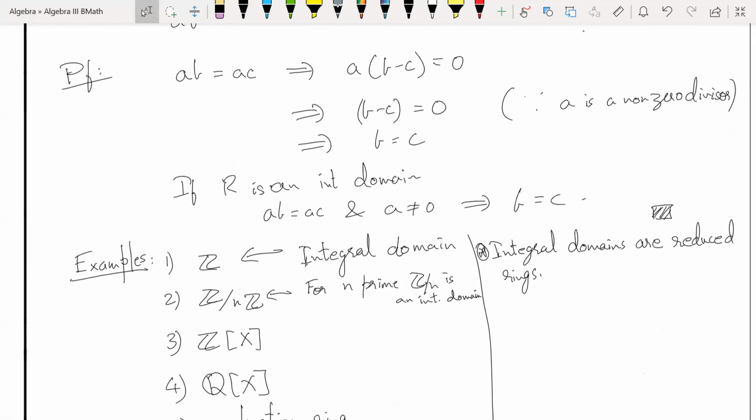So every non-zero element is a unit, and hence it's a non-zero divisor. What about the converse? In fact even the converse is true. That means if n is not a prime, then it's not an integral domain. Let me use this space to explain further.